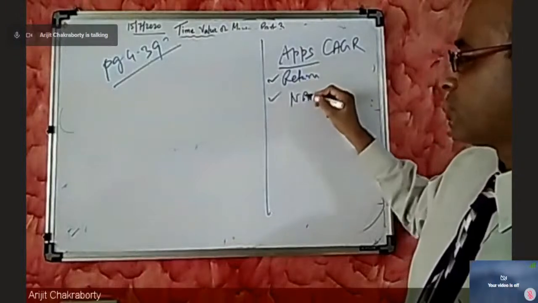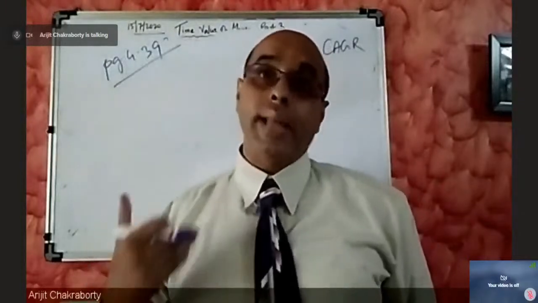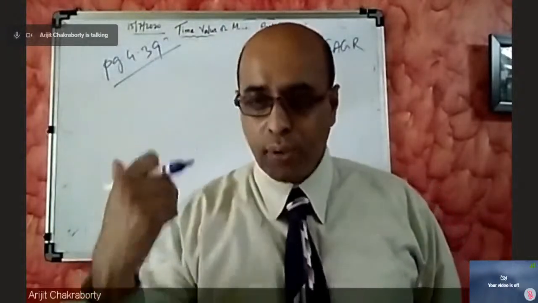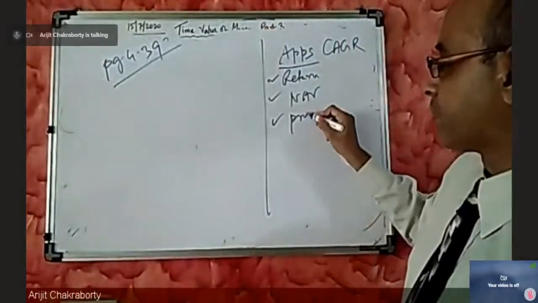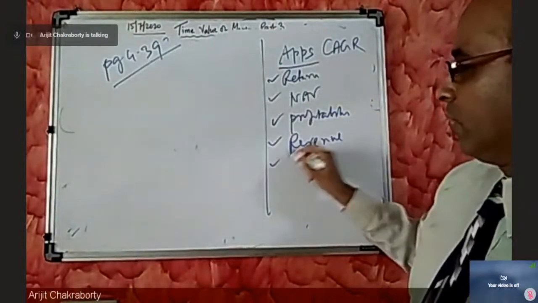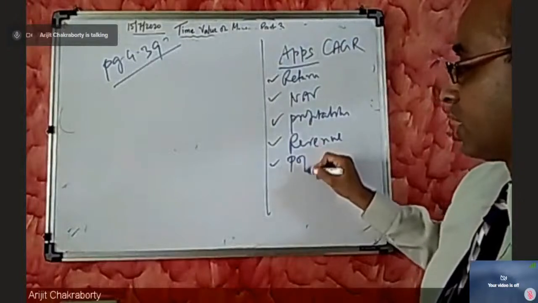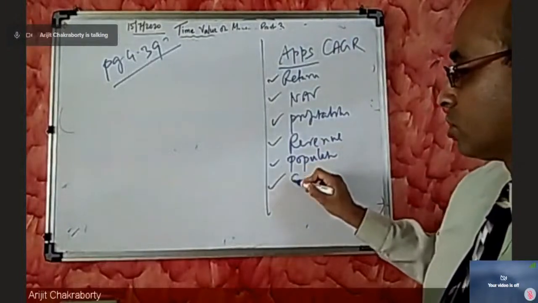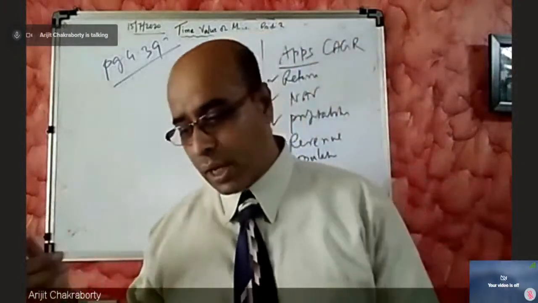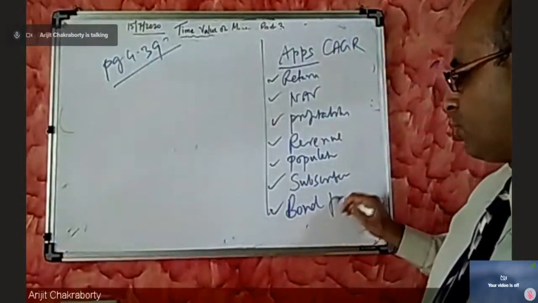Sometimes we talk about NAV, net asset value, in case of a mutual fund. So what is the growth in the NAV of a mutual fund? Yes, we use this formula. When we want to find out the growth in profitability, the growth in revenue, the growth in population, the growth of subscribers, or the performance of a bond, we saw bond valuation, bond performance.